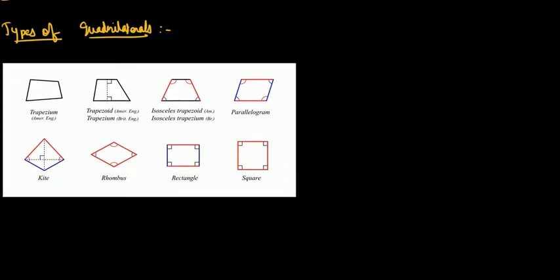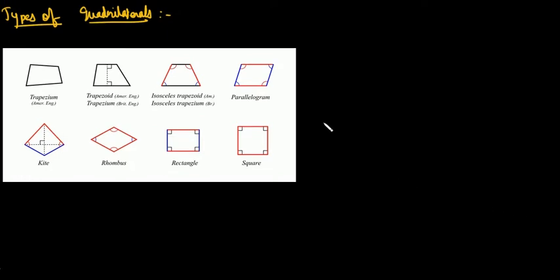What are the types of quadrilateral? Okay, so these are the types of quadrilateral. We are not going to use this trapezium, the American one, because it confuses. In American English, they call this figure a trapezium, but in British English, a trapezium means you should have one parallel side and another non-parallel opposite side.